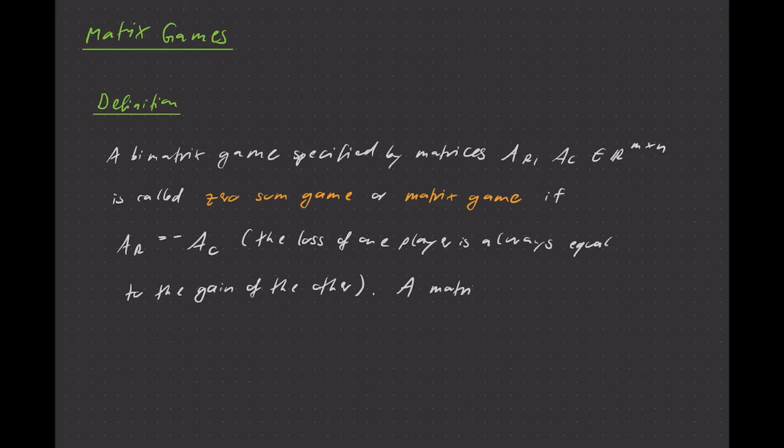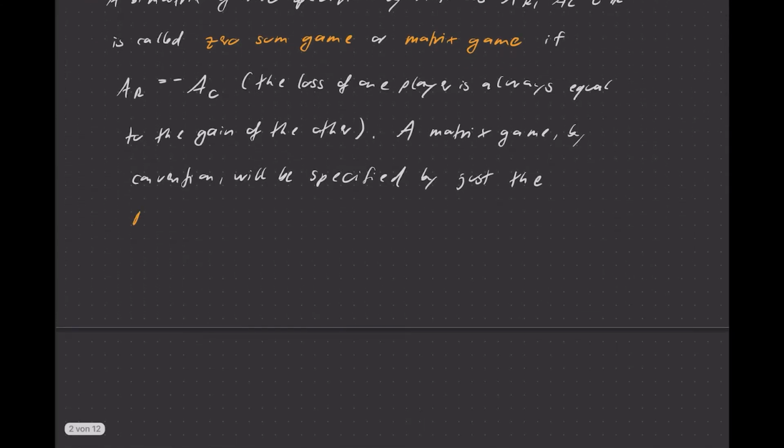So a matrix game, by convention, will be specified by just the payoff matrix of the column player.